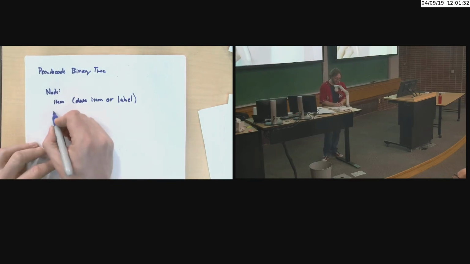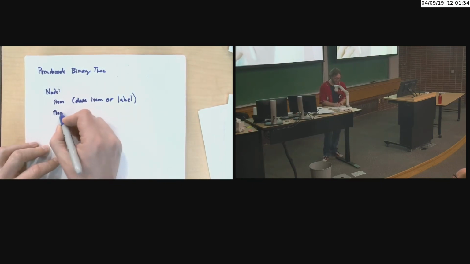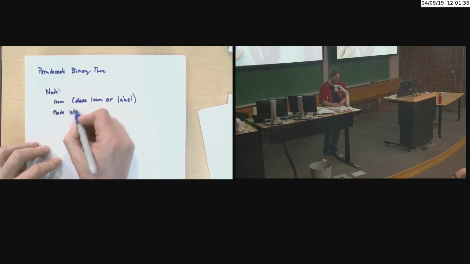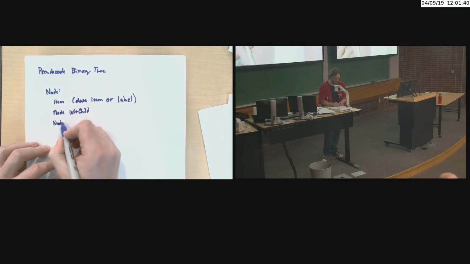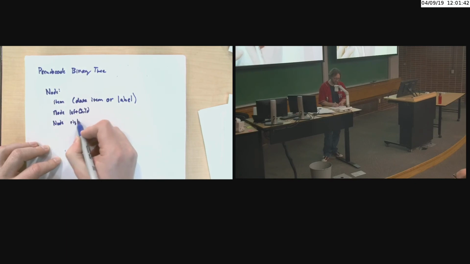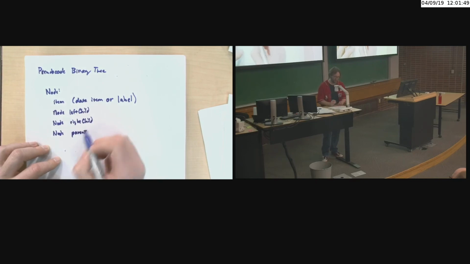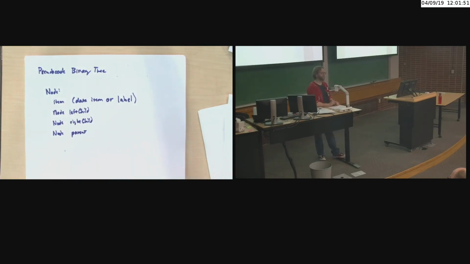So you would have a node called left child. You would have a node called right child. And you would have a node called parent. Now, implementing it with a parent is not absolutely necessary, but it's really convenient if you do it this way. So that's my node class.